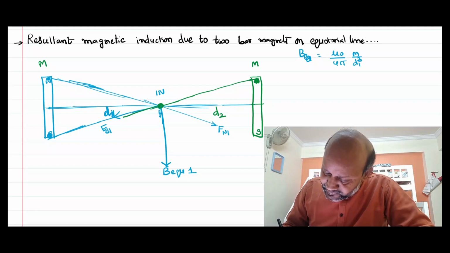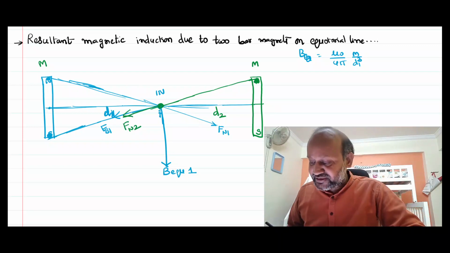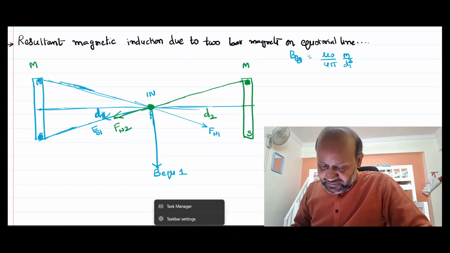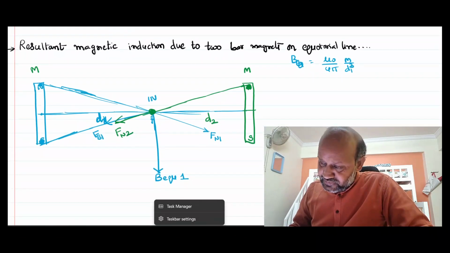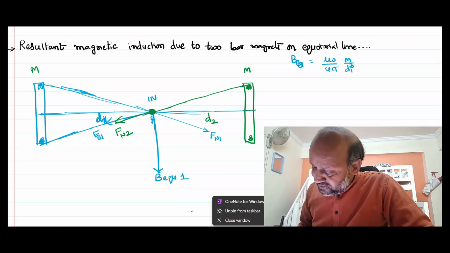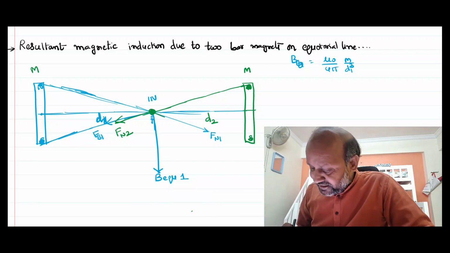This is the force due to the north pole of the second bar magnet. On that unit north pole, due to this south pole, there is an attraction. South pole attracts this north pole. This is the force due to the south pole of the second magnet.